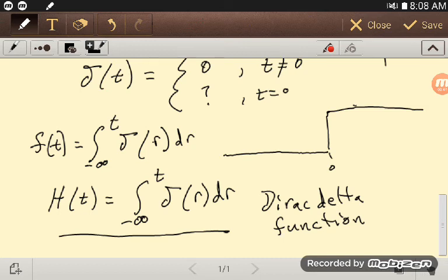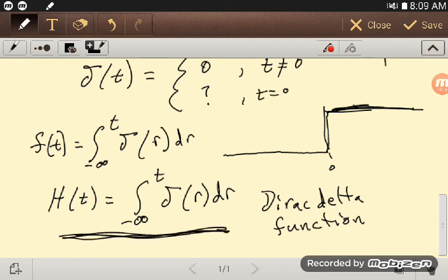Under our normal rules, no, we can't take the derivative of this unit step function. You have to start changing the rules a bit to really talk about that. But that's how these two items are related.